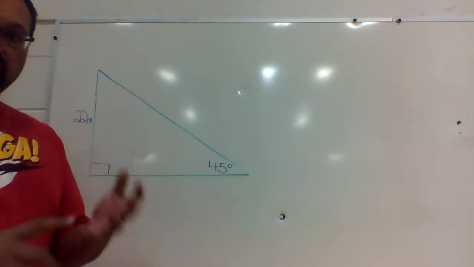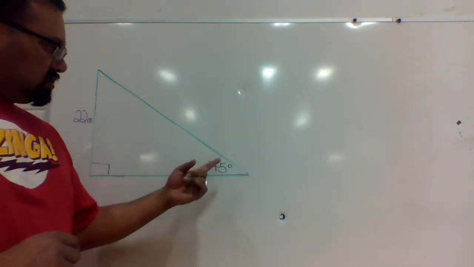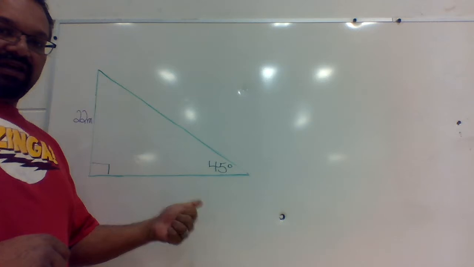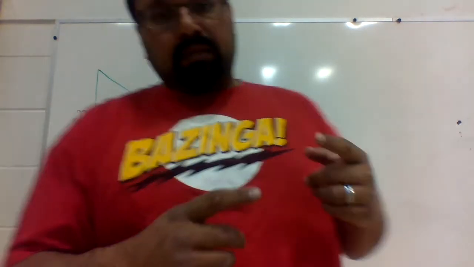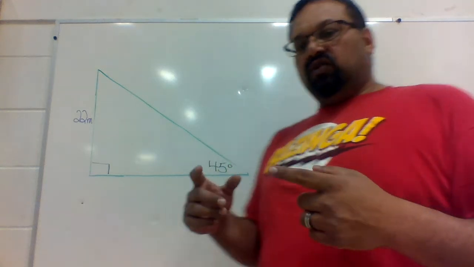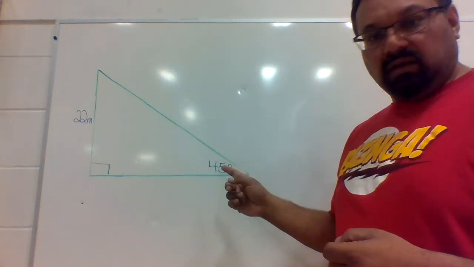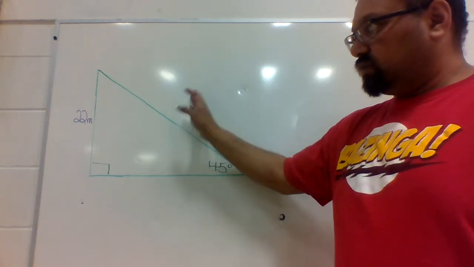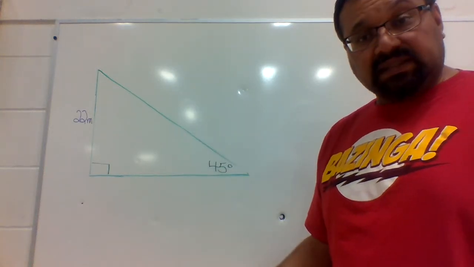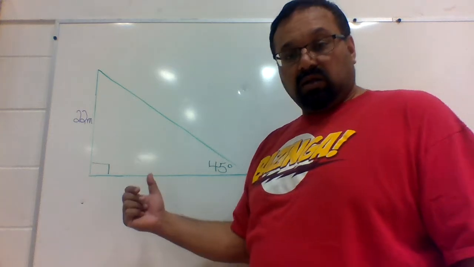Okay, so where are we? We are at the point where we understand how to use the sides to find an angle. Now we're working it backwards. In working it backwards, you're given an angle and a side, and you have to figure out one of the missing sides to eventually find them all.